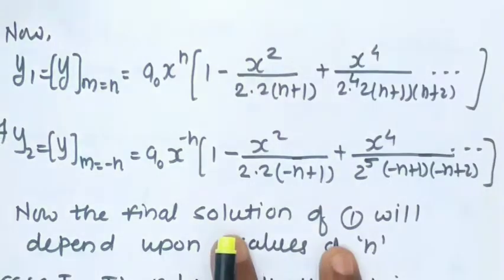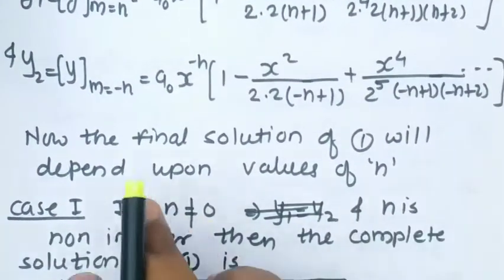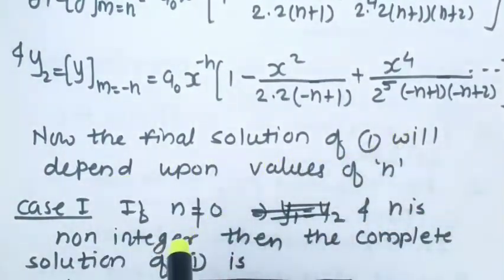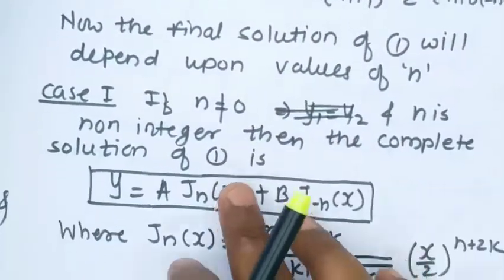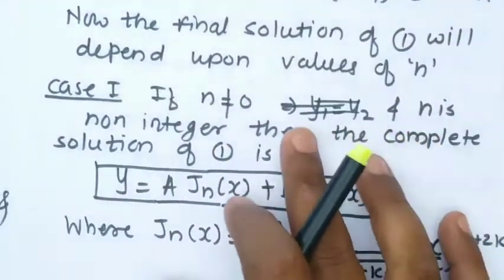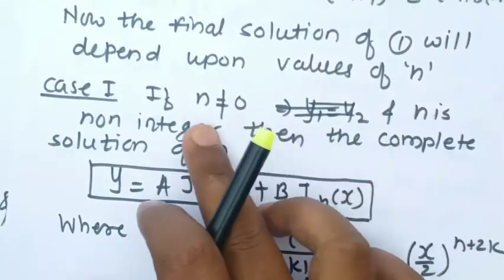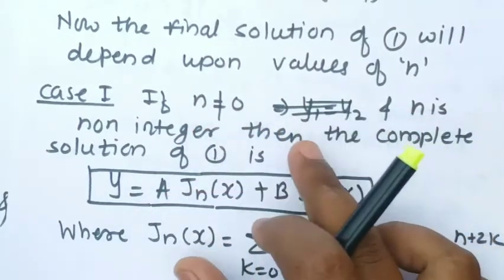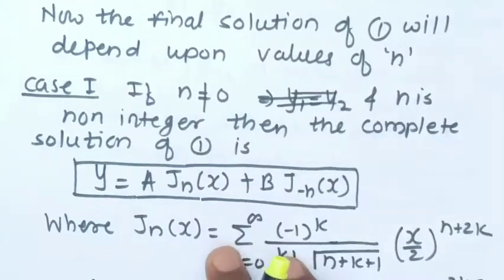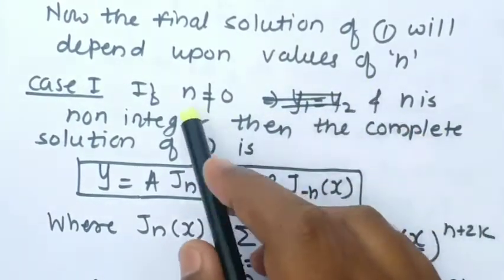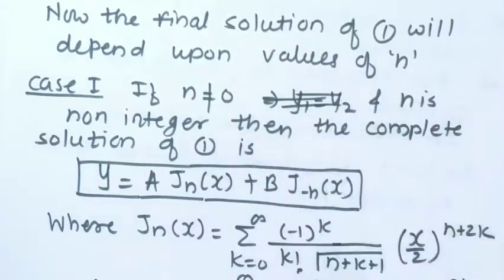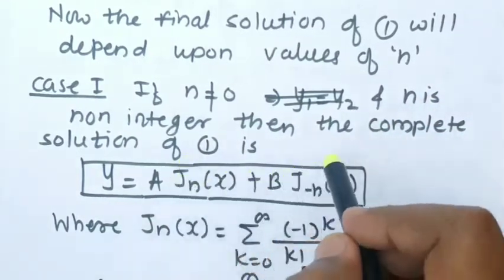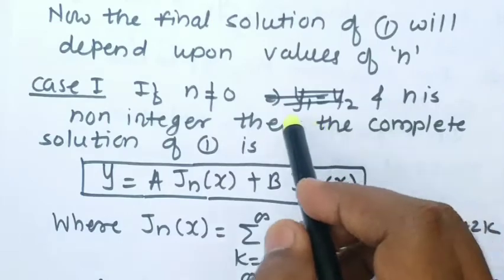Now the final solution of equation 1 will depend upon the values of m, okay. As I have discussed earlier, we are obtaining the solution of this differential equation for non-zero and non-integer n. And when n is non-zero and non-integer, only then we'll get the solution in terms of Bessel functions jnx and j minus nx, okay.